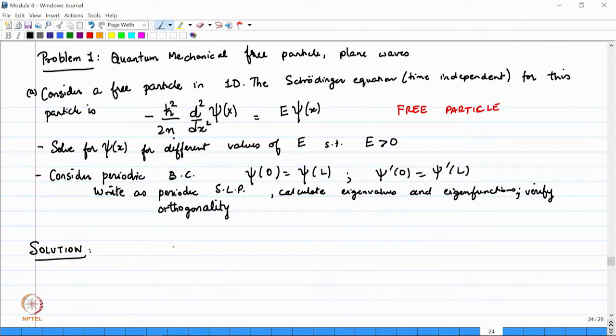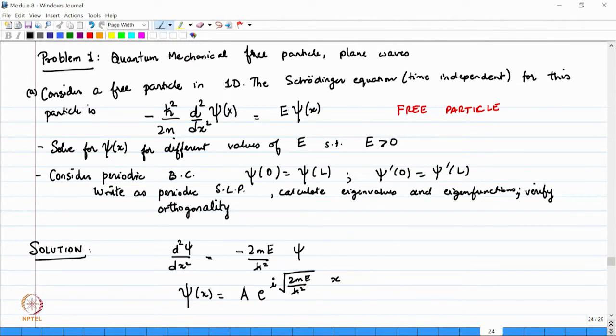So, I can write d square psi by dx square is equal to minus 2mE by h cross square psi. So, I can write psi of x as a constant, a e to the i, times the square root of 2mE by h cross square, times x.